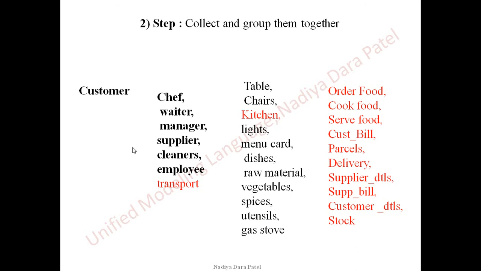If you remember, the actor's definition told that it is something or someone. So the someones we have found, but these are some things. So right now I'm in a state of confusion as to whether to categorize them as actors or as use cases.